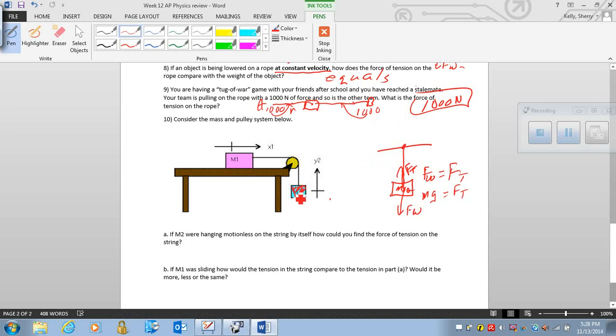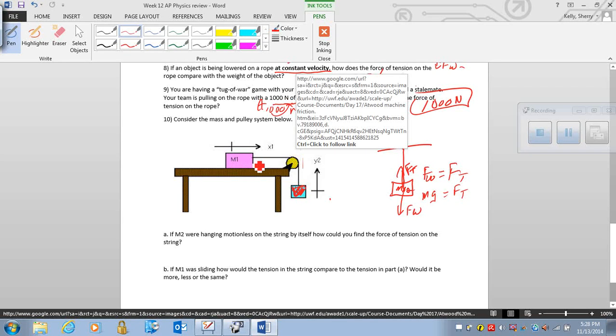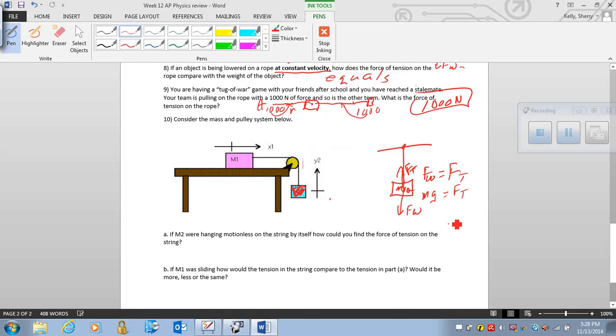But now let's tie that string to another mass. I'm going to take our mass 2 and we're going to tie it to another larger mass here, mass 1, and we're going to allow that mass to slide on a frictionless surface. Now what is going to be the tension on our string?